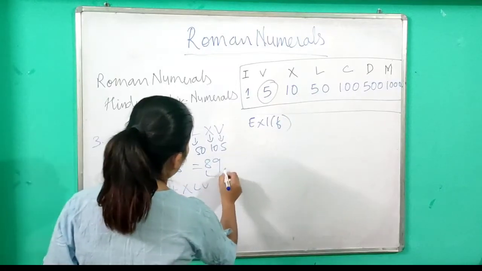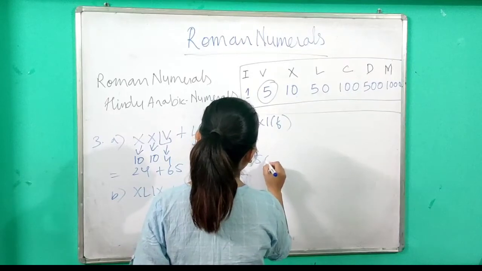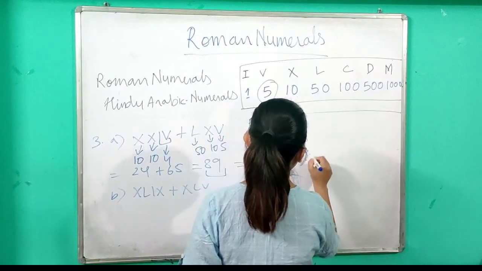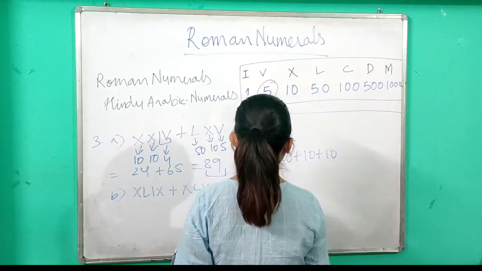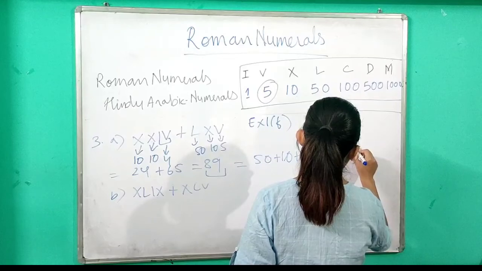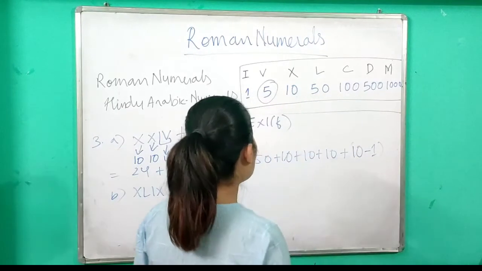Now convert this into Roman numerals. So 89 can be written as 50 plus 10 plus 10 plus 10, that is 80. Then you have 10 minus 1, which would be your 9, making 89.